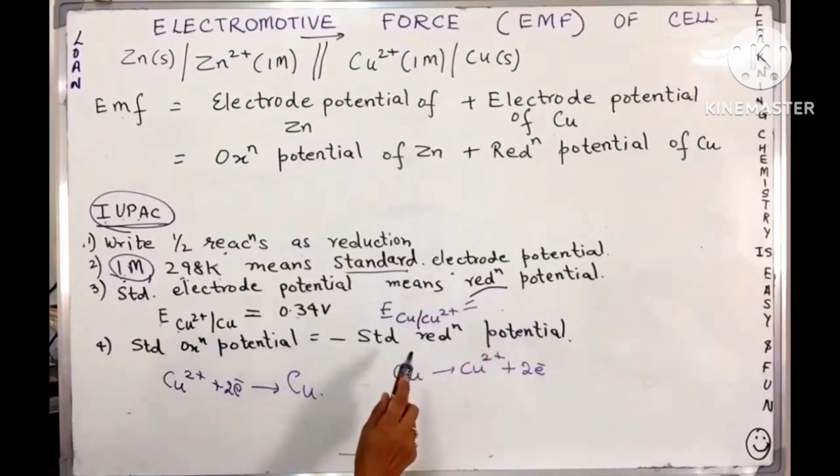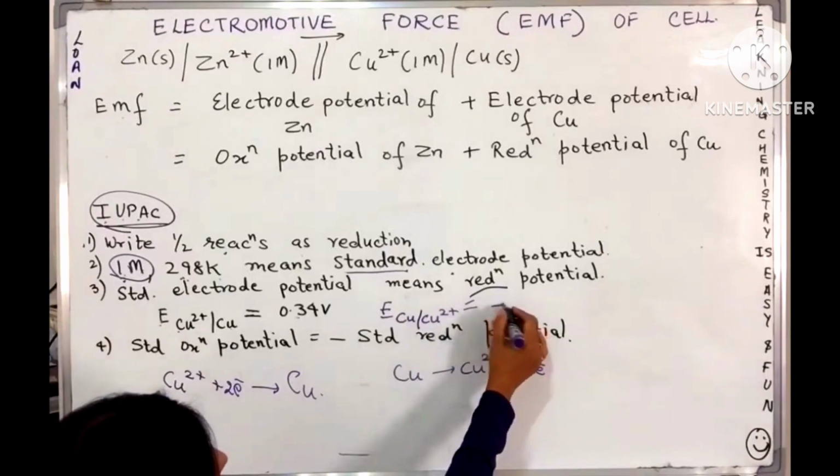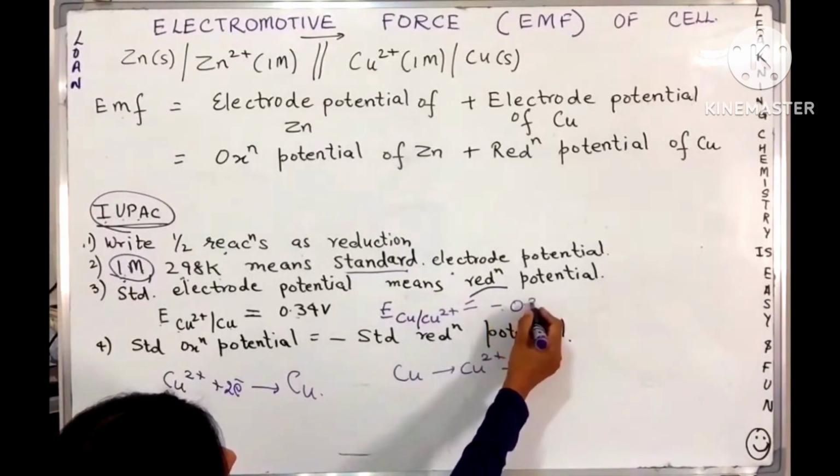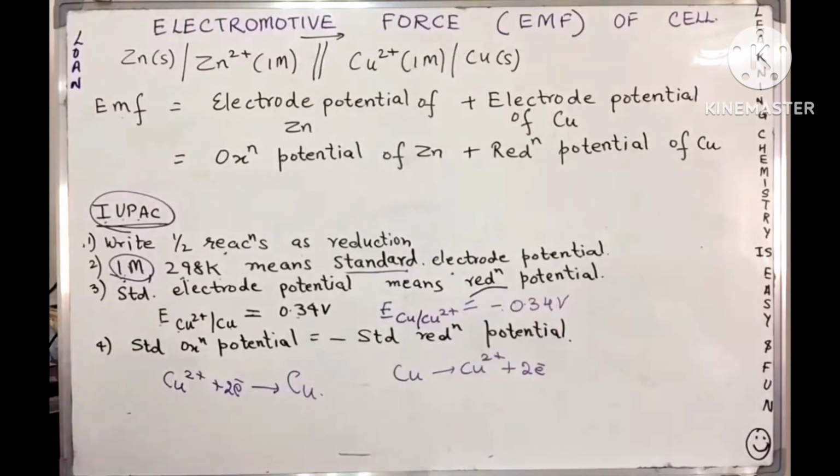I will have to specify that the standard oxidation potential of copper is negative 0.34 volt. Now if you notice over here, standard oxidation potential is the negative of standard reduction potential.